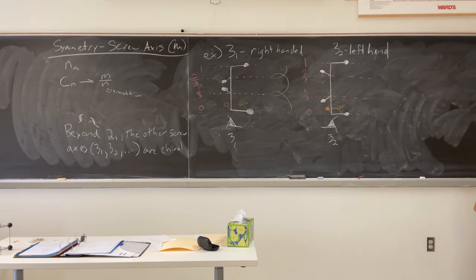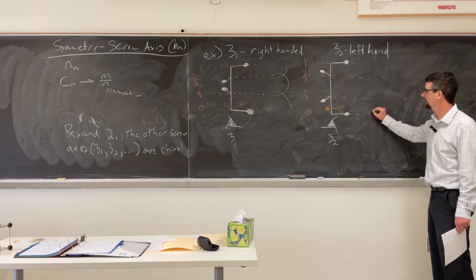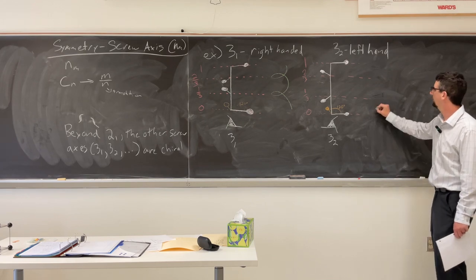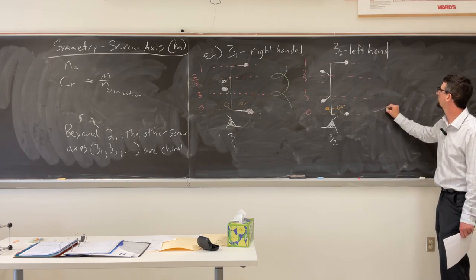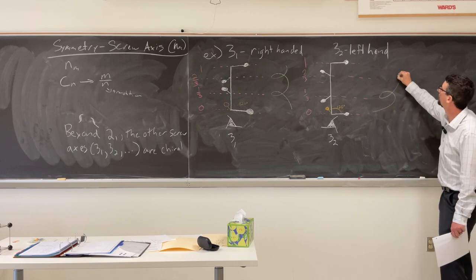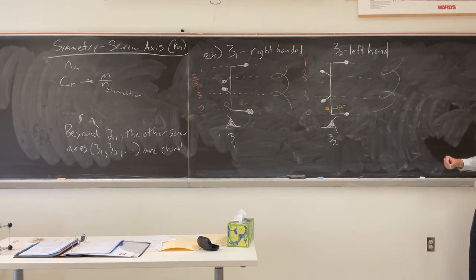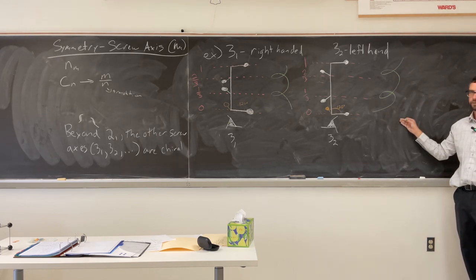I have to draw a left-handed one. Is that going to work how I want it to? Yes, it is. Okay. Sorry. Okay. I got to come out. And I'm just connecting the points. So this one would be a left-handed one.